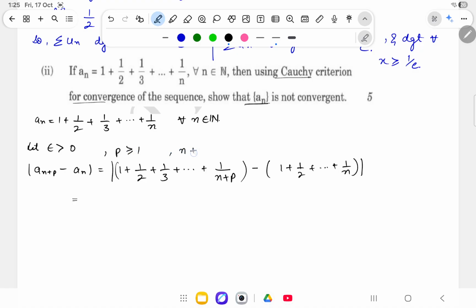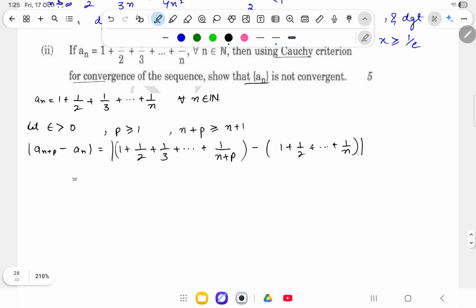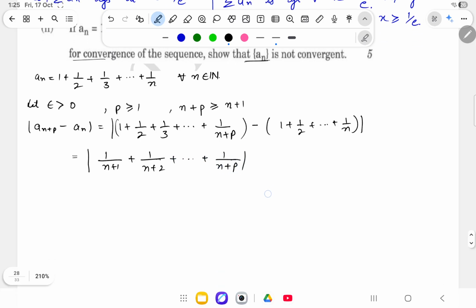So from here I'll get that my n plus p is greater than or equals to n plus 1. So this term turns out to be equals to 1 by n plus 1 plus 1 by n plus 2 up till 1 by n plus p.